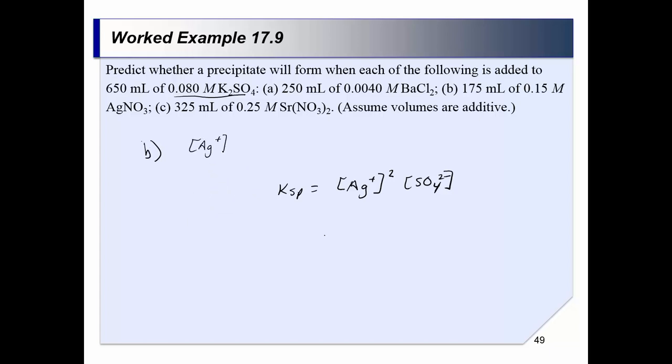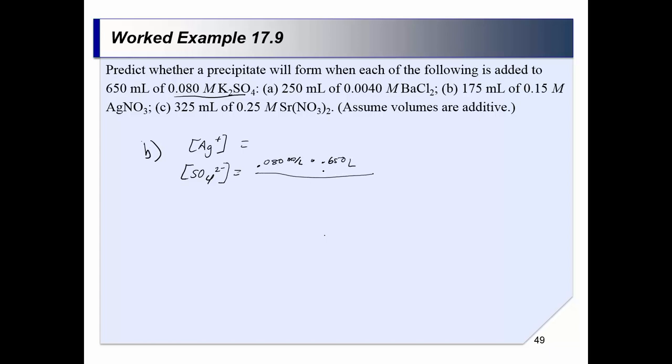Now both of these concentrations will be calculated similarly to the way that I calculated the concentration previously. So what I'm going to start with is the concentration of my sulfate in moles per liter multiplied by the volume. That's moles of sulfate divided by my total volume.